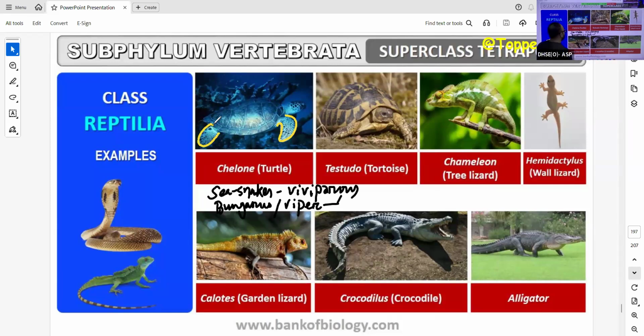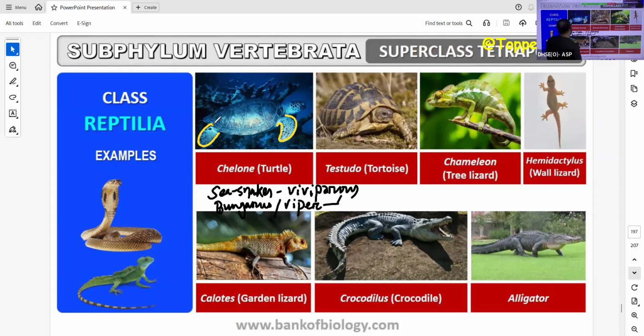But in case of the Testudo or tortoise, they have claws, which help them in walking. The paddles in the turtle help them in swimming.